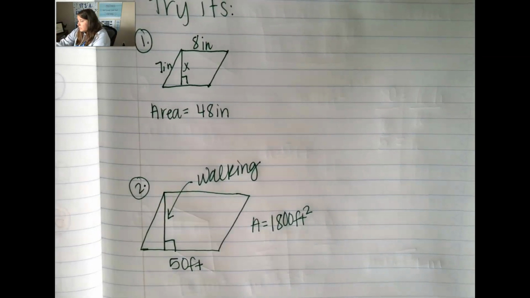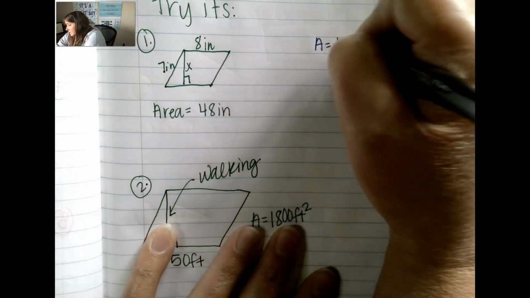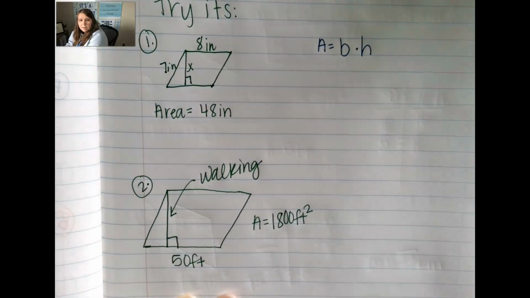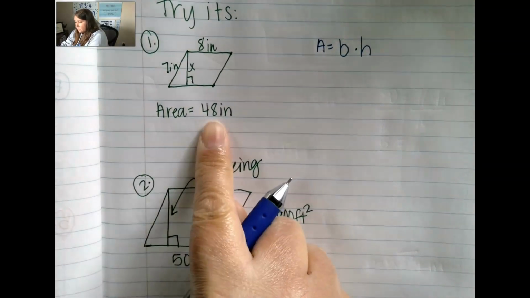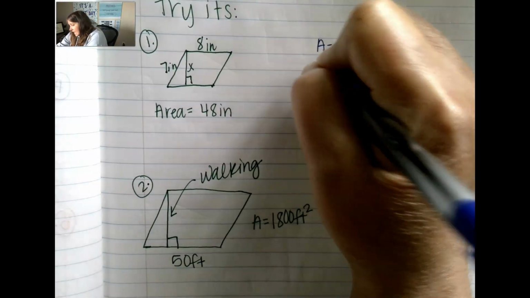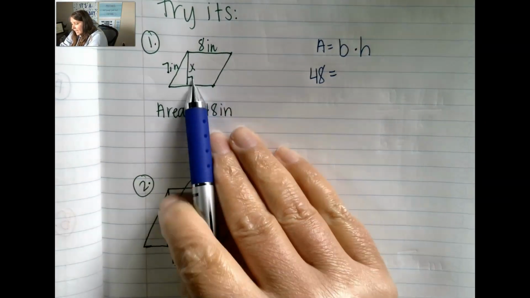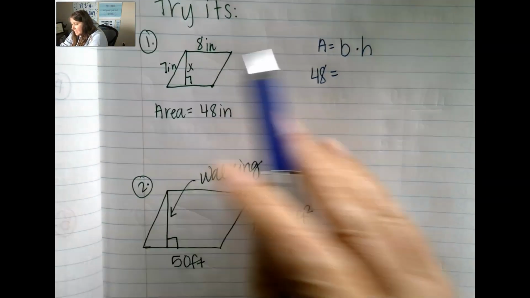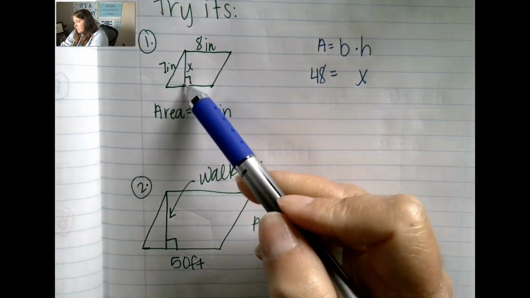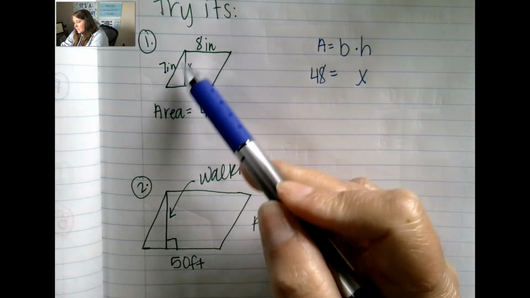All right, so first of all, we know that area equals base times height. So I'm going to plug in the things that I know. I know the area is 48, so where I see area, I'm going to put in 48. I know that the height is on the right angle, so here's the right angle. The height is x. Now the base. If this is the height, this is not going to be the base because this is on the slanted part.